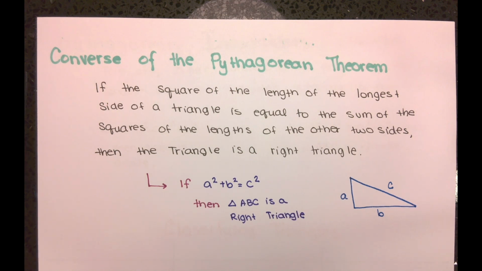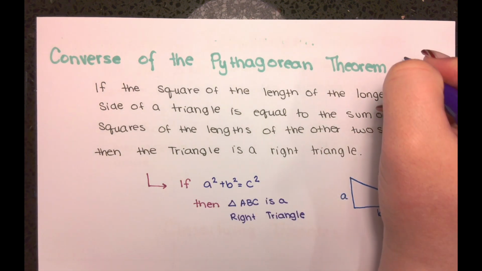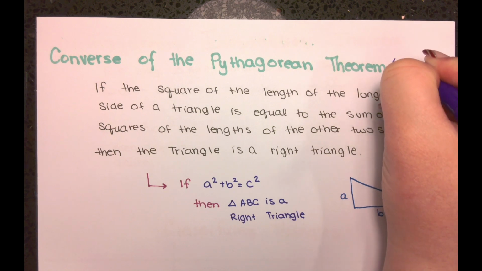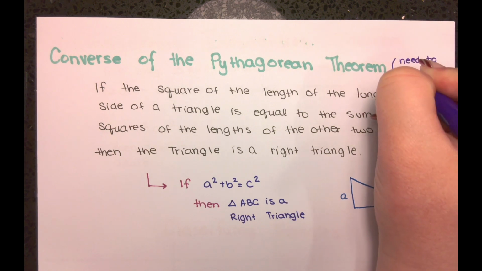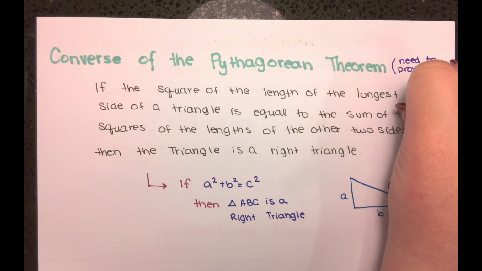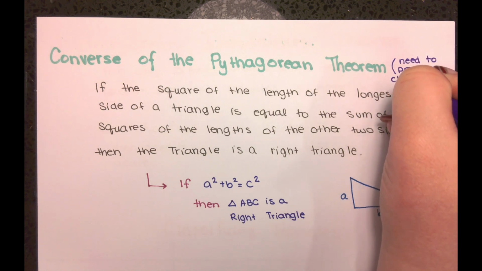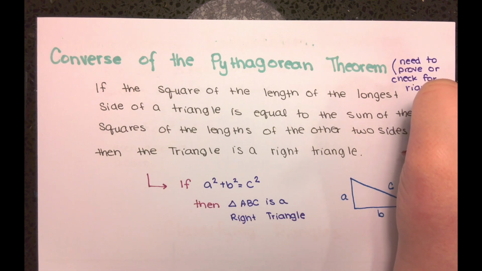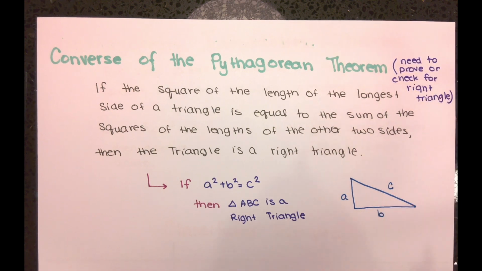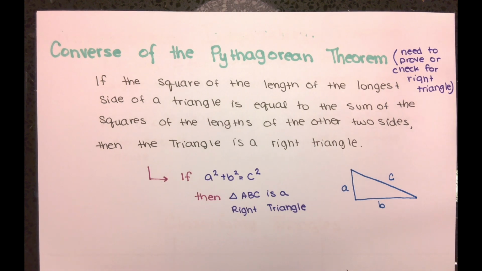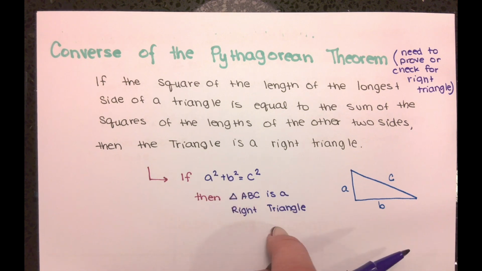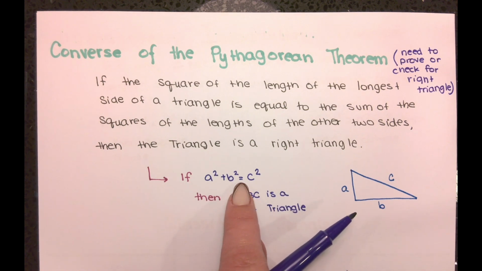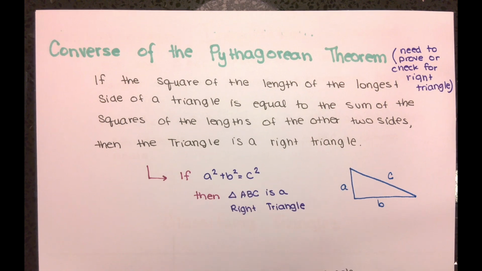You are trying to check or prove that it is a right triangle. A little running out of space here, but that's okay. So we need to prove or check for a right triangle. So if this works, then yes, you have a right triangle. If this doesn't work, then no, you don't have a right triangle.